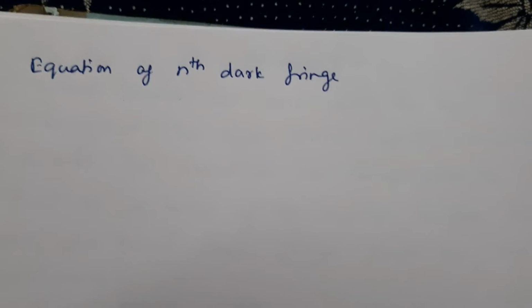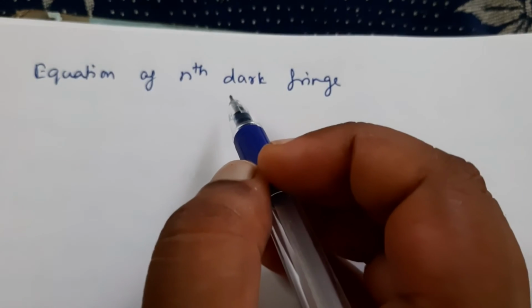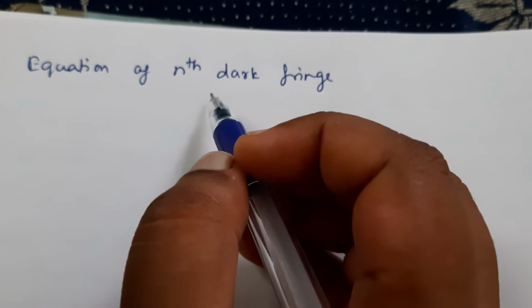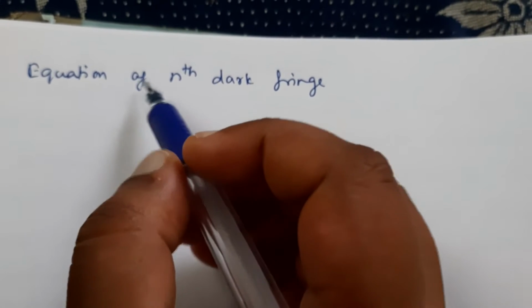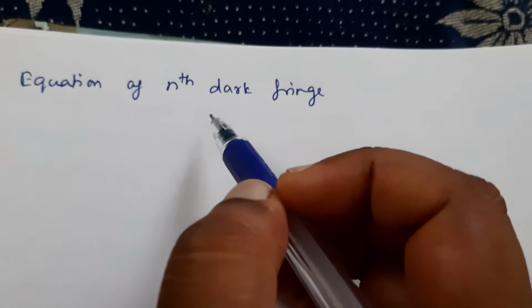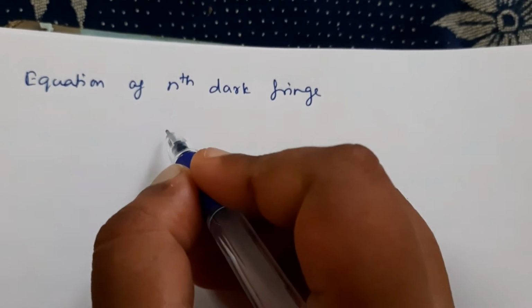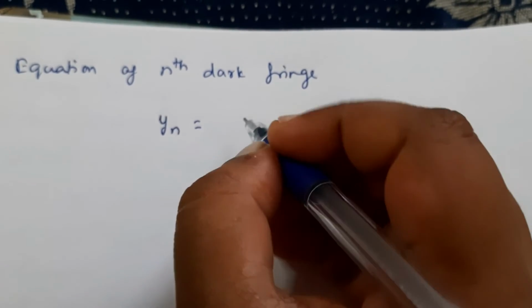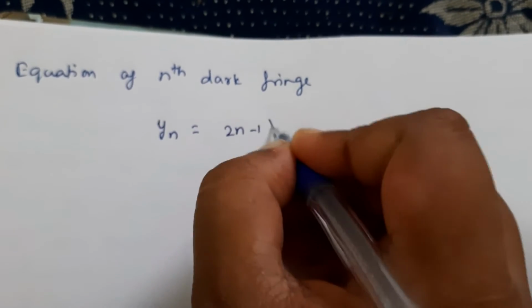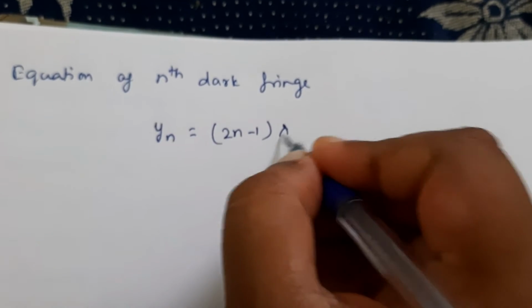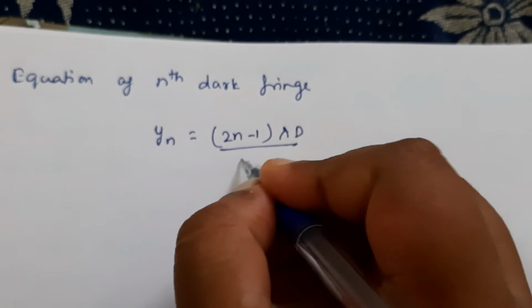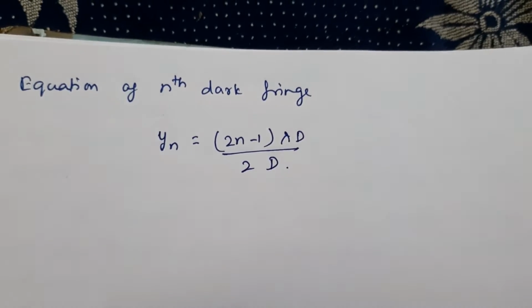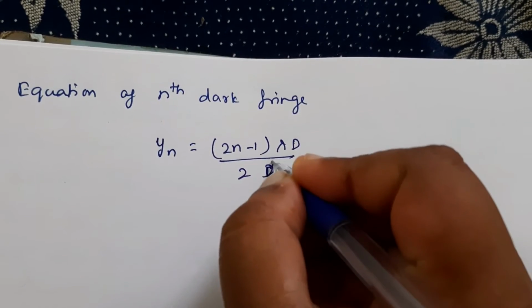Now we have to find the distance of the third dark fringe. So we write the equation of nth dark fringe. What is the equation of nth dark fringe? That is yn is equal to (2n minus 1) lambda D by 2d, where this is small d.